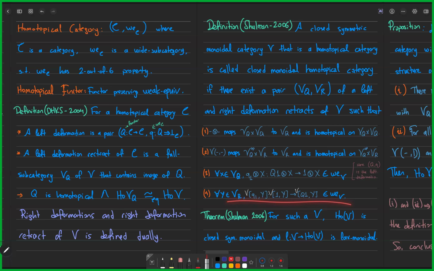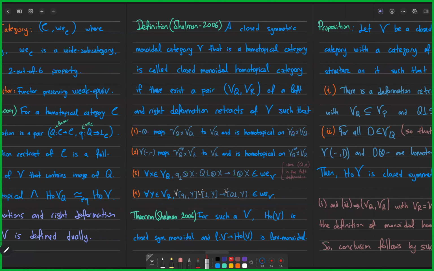So if we have such a structure on V, then V is a closed symmetric monoidal category, and the localization functor is lax monoidal. So by using that, we can, for example, use it for changing the base of enrichments.